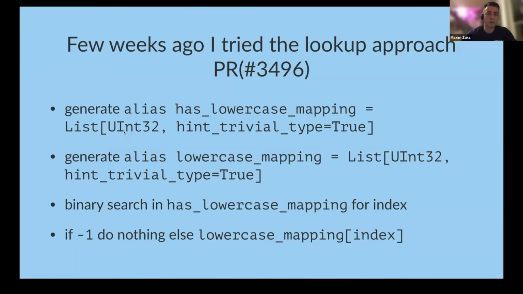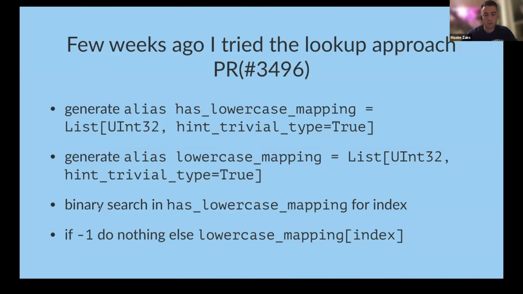The lists are uint32, so it's the code point value from the string. One list says which code points have a lowercase mapping, and another says the lowercase mapping is the following value.